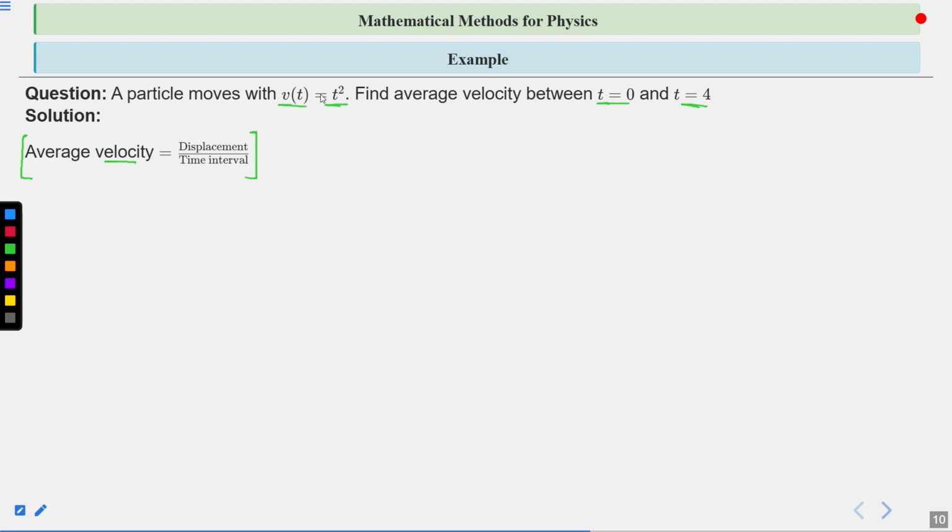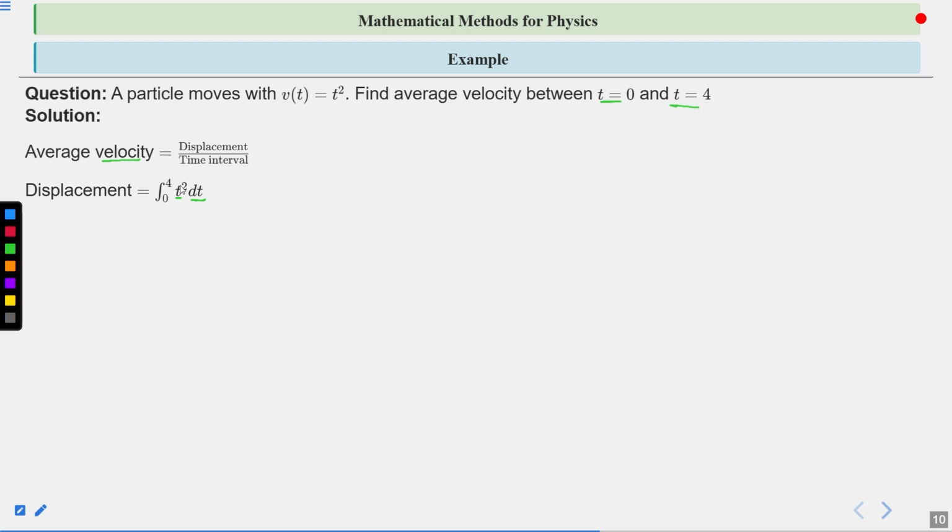Now substitute all the given terms in this formula. You will get a relation. So displacement is equal to what? Displacement is velocity, that is t square, times time, that is dt. So taking the integration, the limit is 0 to 4. You will get the correct answer.